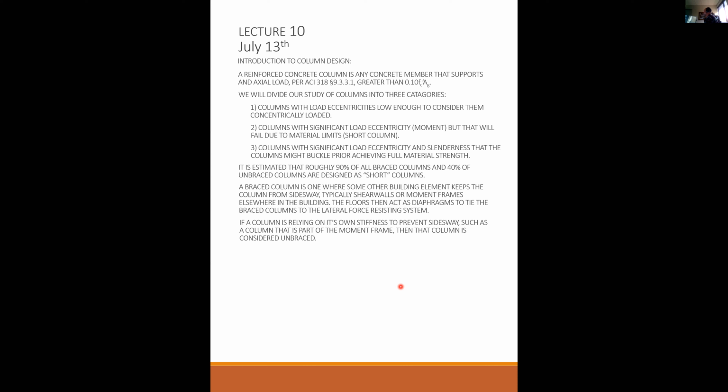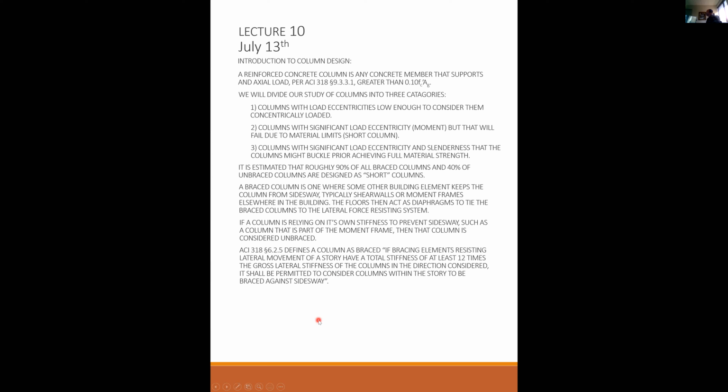However, the moment frames themselves, and you can spot them because the columns are much bigger and the beams are much beefier, are not braced by some other element of the building because they are the lateral force resisting system. So those moment frame columns are considered to be sway columns. And so we'll talk about what that means.